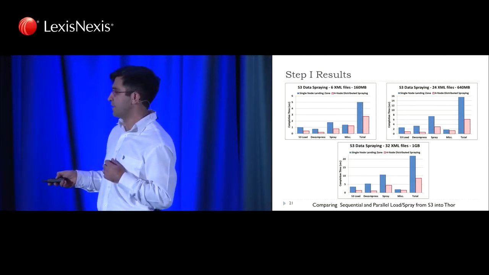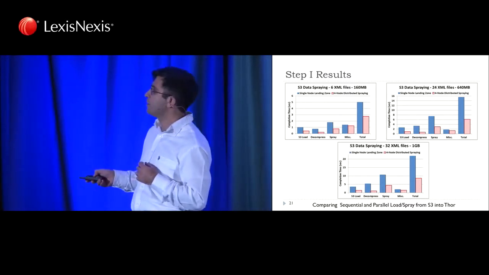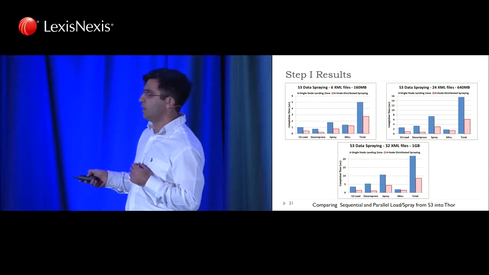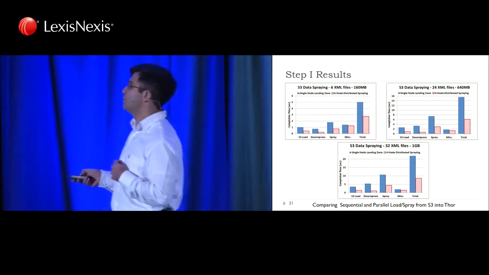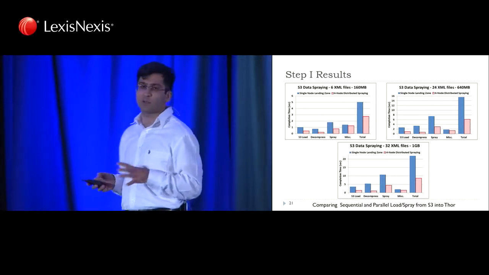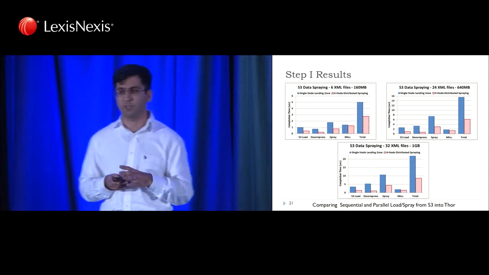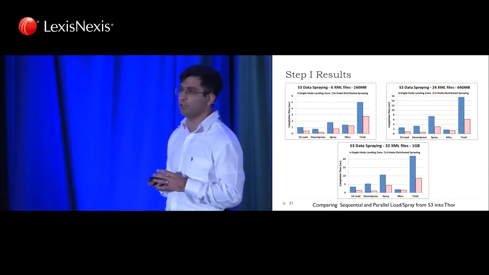We have listed all the different steps happening in the operation and have compared the case that uses the single landing zone versus the distributed spraying. In this test case, we have used 4 nodes on the EC2, so we have 4 Thor nodes performing the operation.